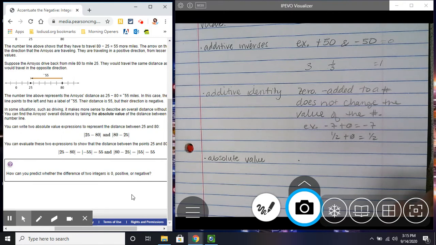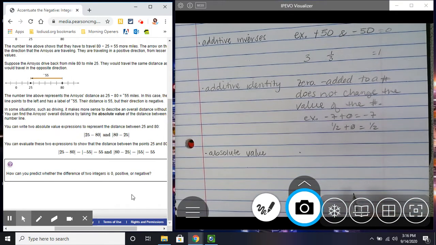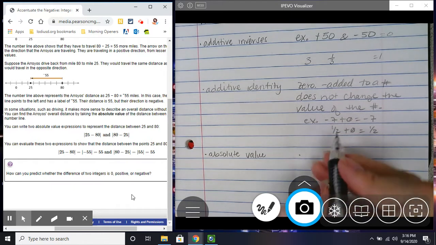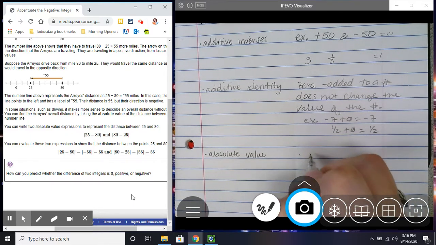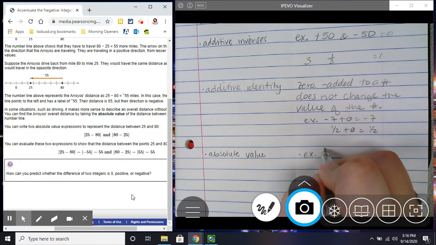You can write two absolute value expressions to represent the distance between 25 and 80. So the two examples they use these bracket lines for absolute value. It's just this straight line that extends basically the length of your binder paper line. It basically just needs to be bigger than your numbers.